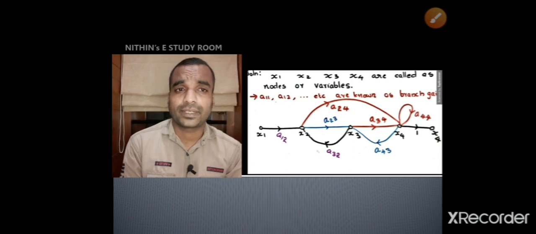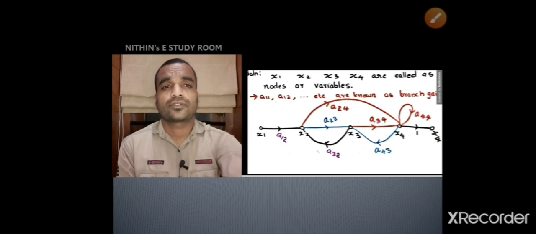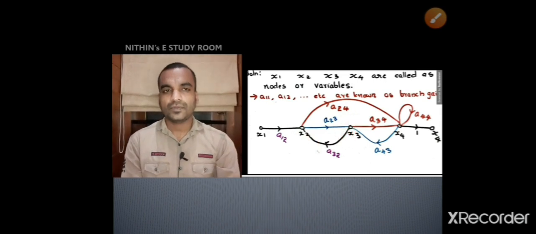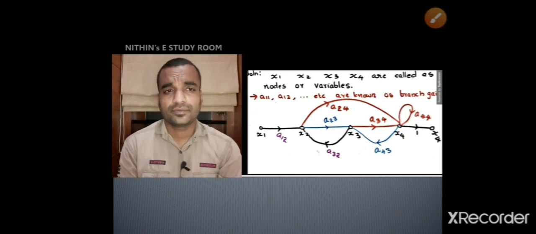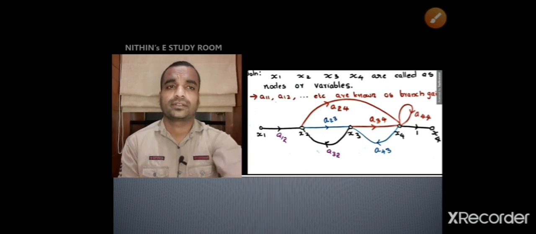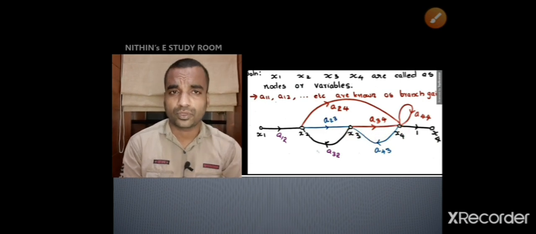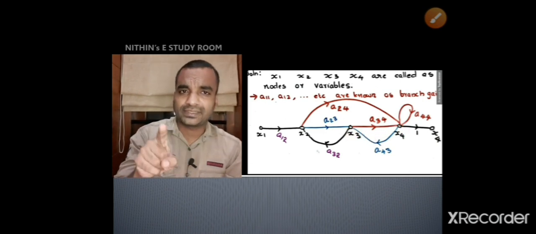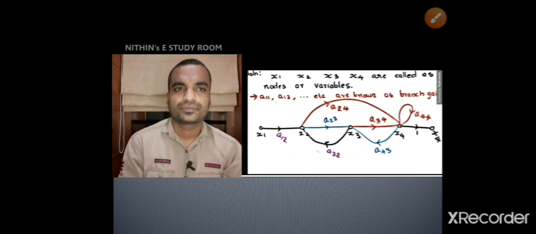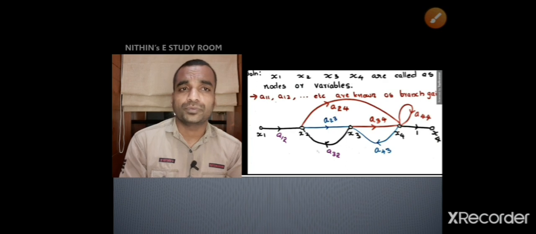If you are starting from x2, x3, back to x2, the loop is over. And will you tell one other loop? Yes, A34 into A43. You can see here. The arrow mark is also very important. The direction of the arrow marks should be successive, not like this. Then it will not make a loop. Okay, so you got two loops.